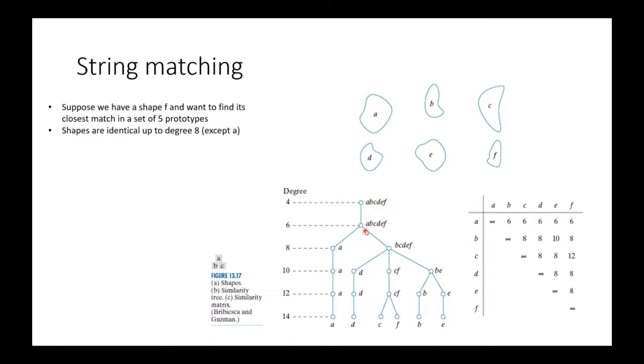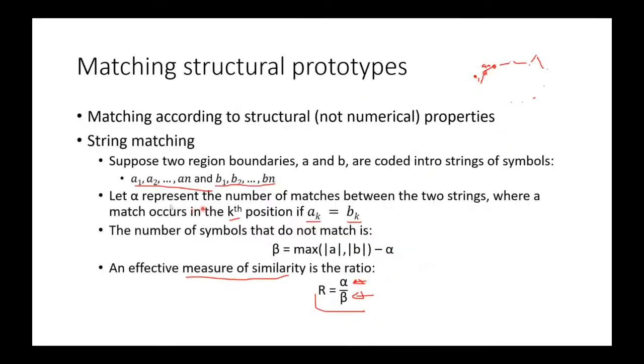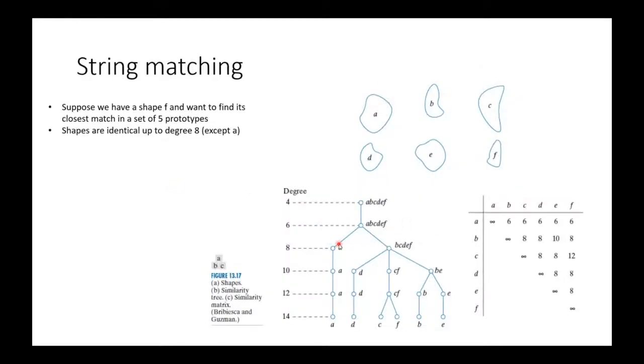So by following the matches, we see that A here has only similarity 8, a degree of similarity 8, meaning it matched the feature on 8 of these string elements. Up to 7 string elements and on the 8th string element, it was different.